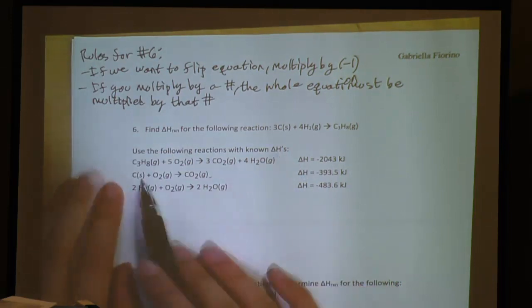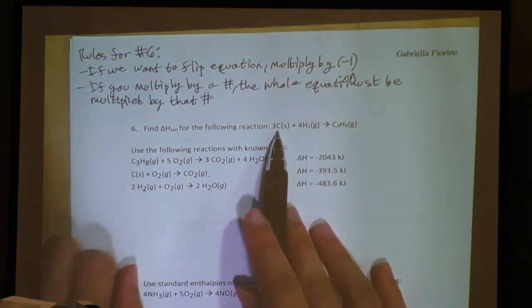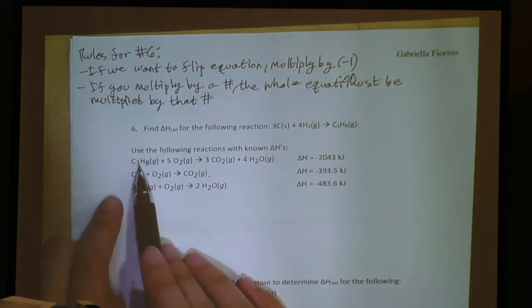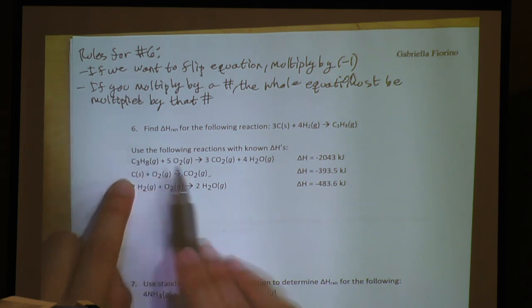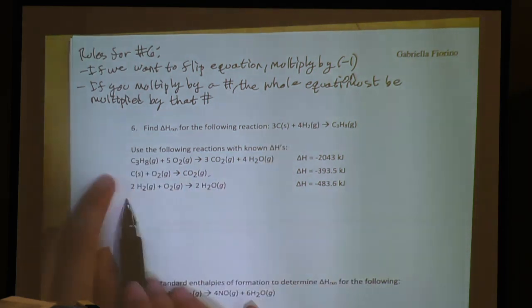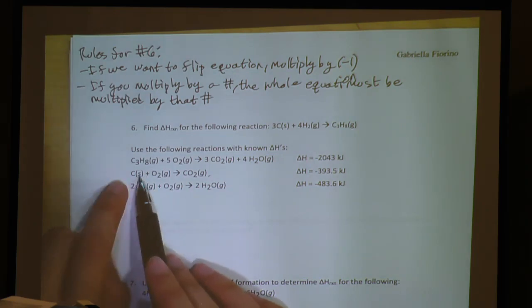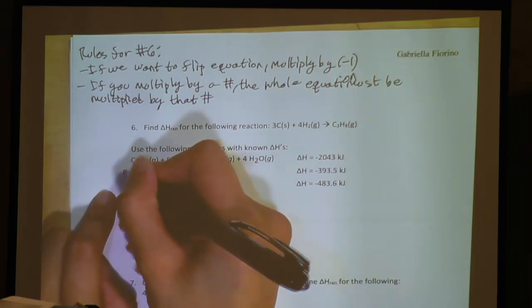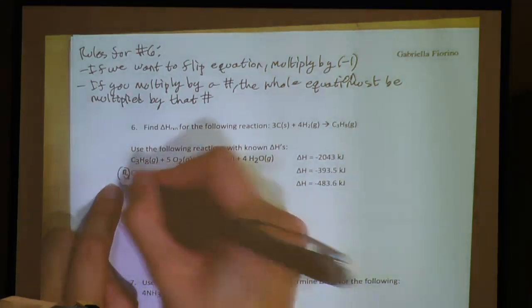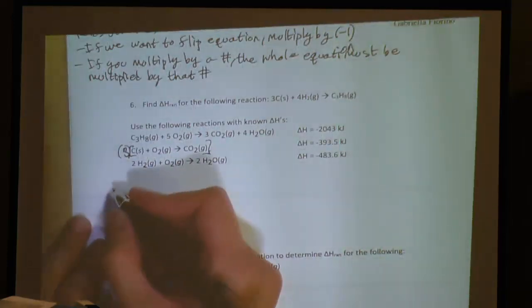So what can we do? Well, we need to get 3 carbons on the left side of the equation. So where do we have carbons? Yeah, perfect, the second one. There are no carbons that are alone in the first, none alone in the third, but there is one that's alone in the middle one. So we need 3 of them. So we can multiply this whole thing by 3, right? I'll rewrite it down here.